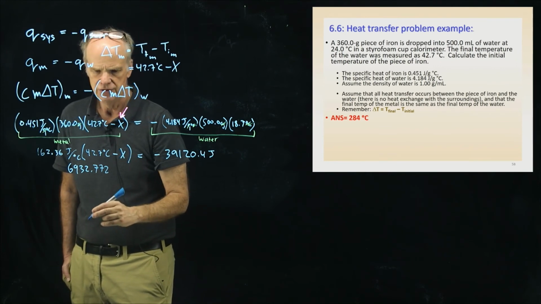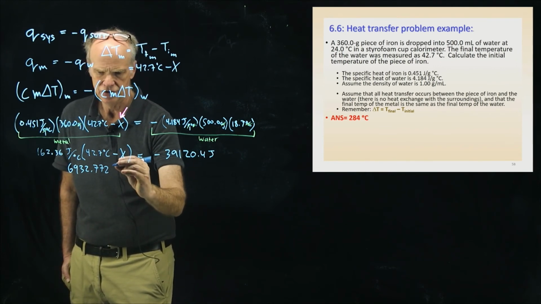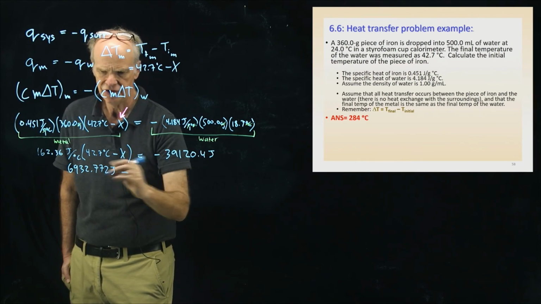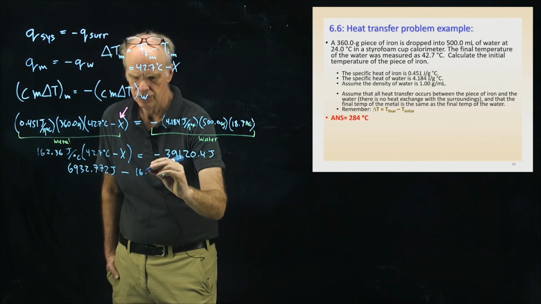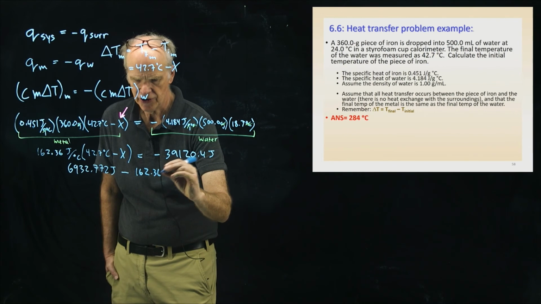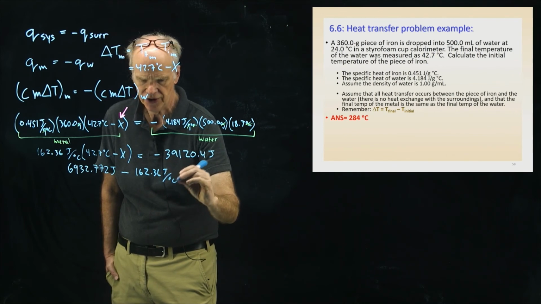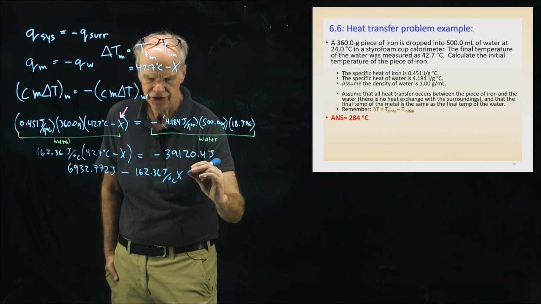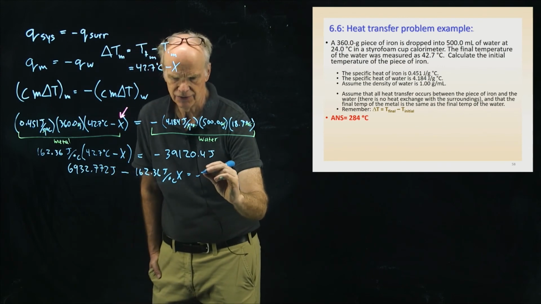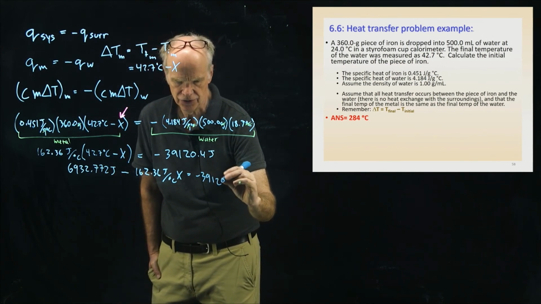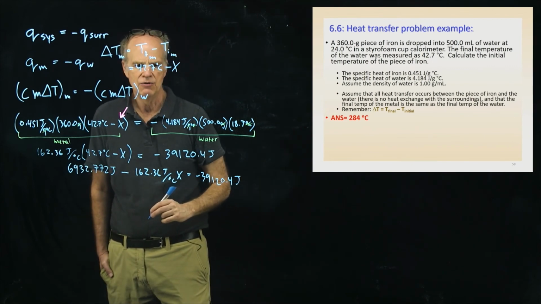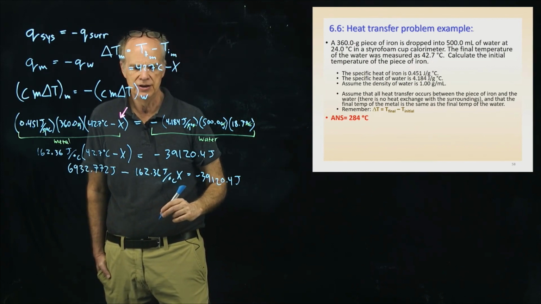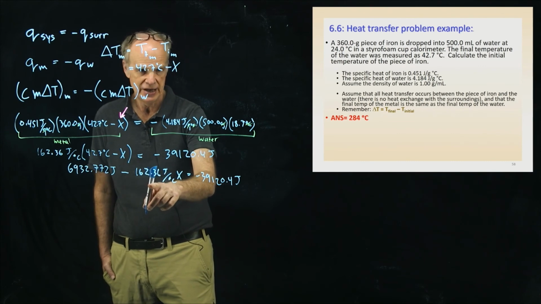Okay, and so the units here, I get joules, and then I have minus, and then I need to multiply this number times x. 162.36 joules per degree Celsius x is equal to negative 39120.4 joules.